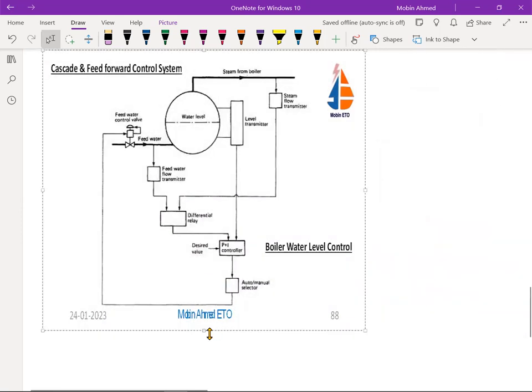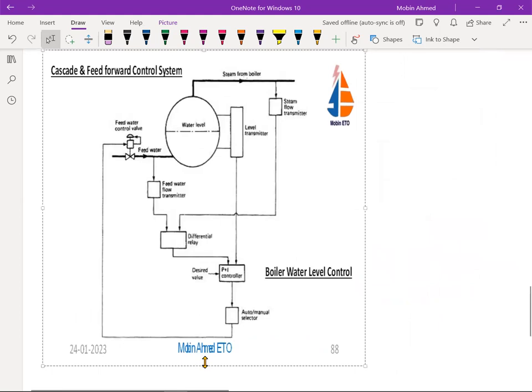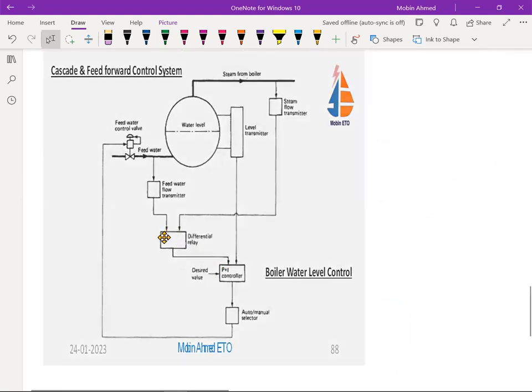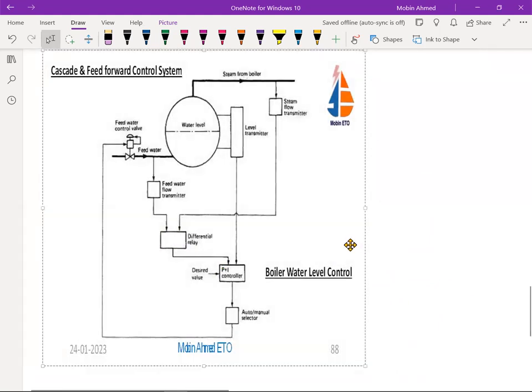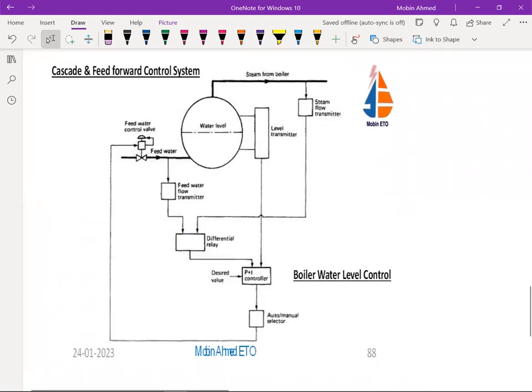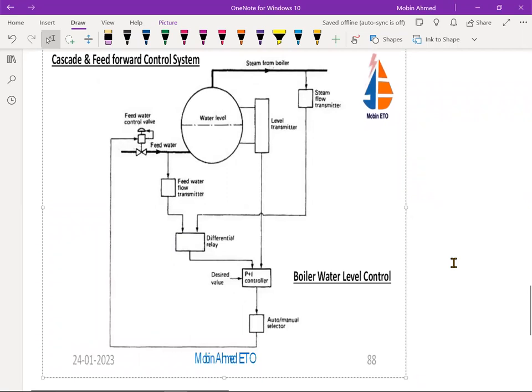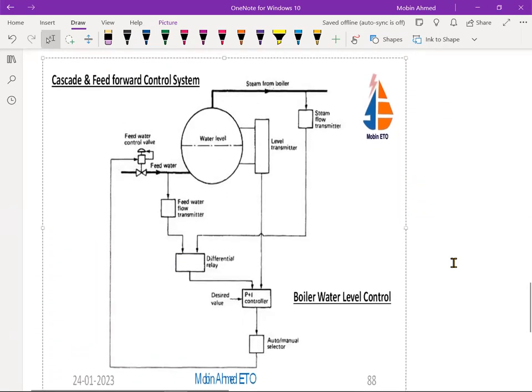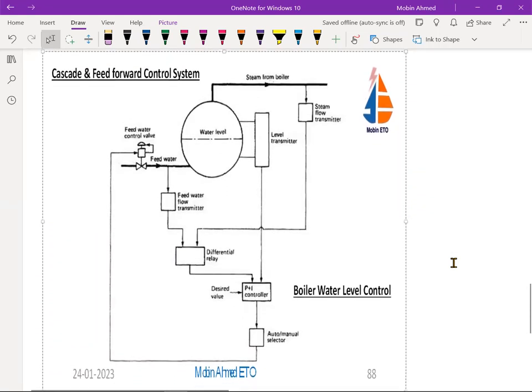And this diagram is the finest example of the cascade and the feed forward control.